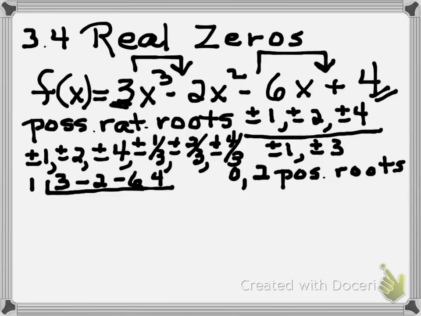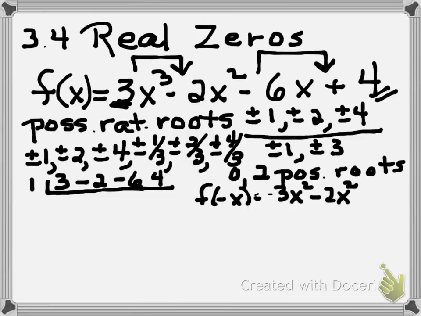To find out what negative roots we get, we put in f of negative x. Now, negative x cubed is negative x cubed, so we're getting a negative 3x cubed. A negative x squared is still going to be positive x squared, so that's going to be a negative 2x squared.